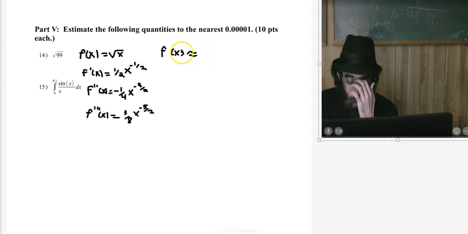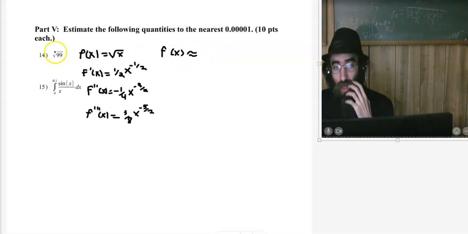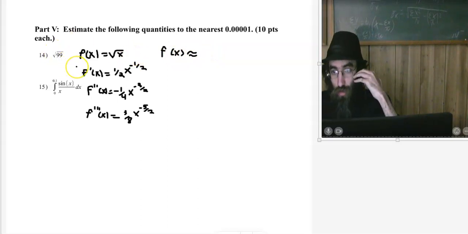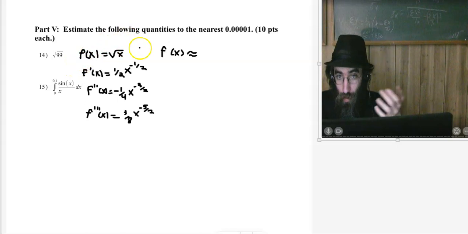right, yeah, if we center this at 100, that's the logical place to center this. It's a number whose square root we know.